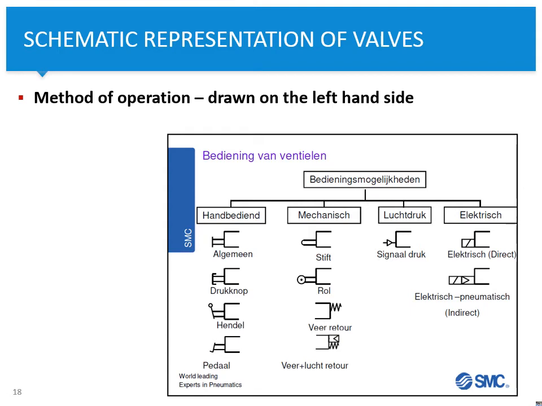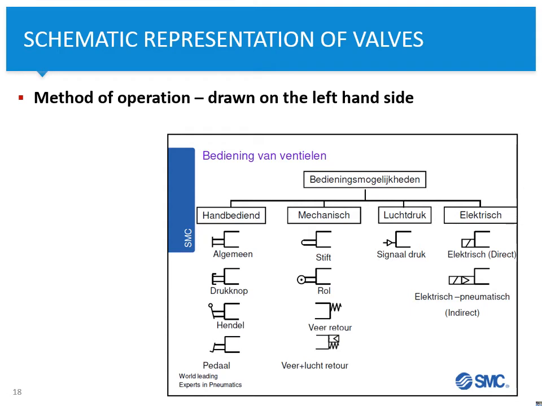But in the left column, you can see the methods you can use for operating this manually, or in the second row, you can see how this is done mechanically. It can even be controlled by air or electrically or magnetic. There are many methods to operate these valves.